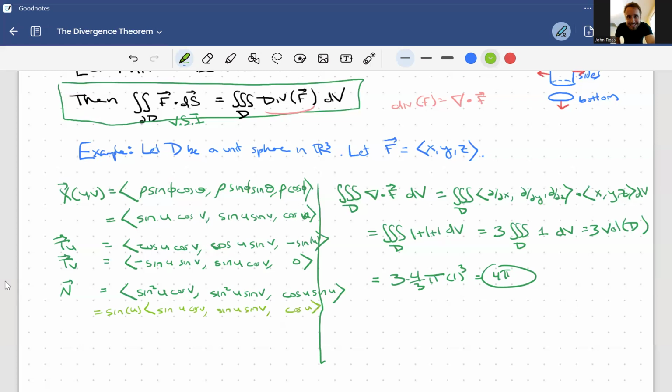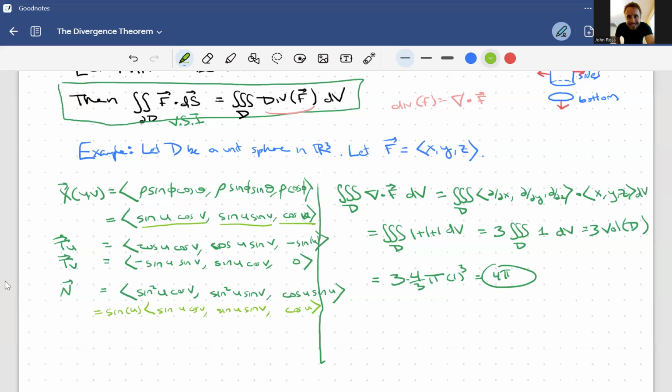And I just mentioned that because our initial parameterization was a sine u cos v, a sine u sine v, and a cos of u. So in fact, what we're getting in our normal vector is our original position vector times this extra sine of u, which is interesting.